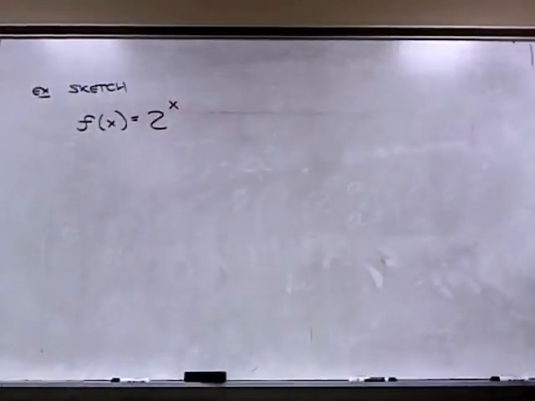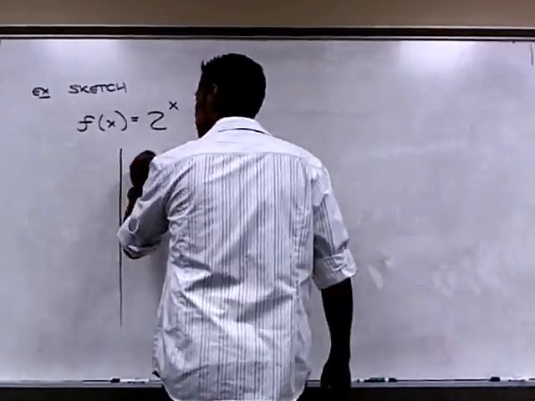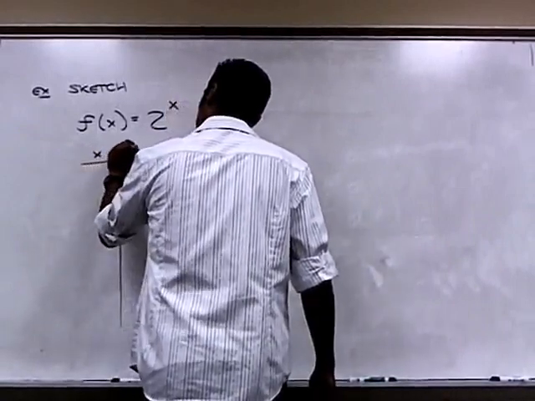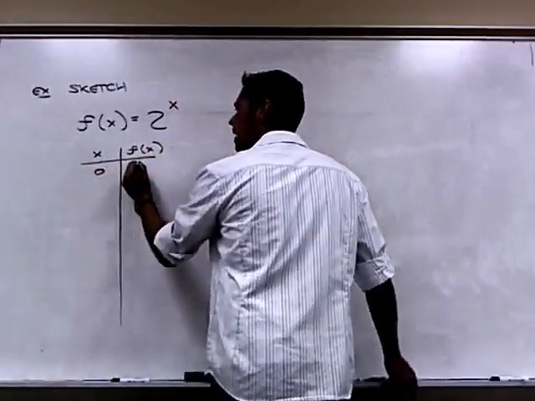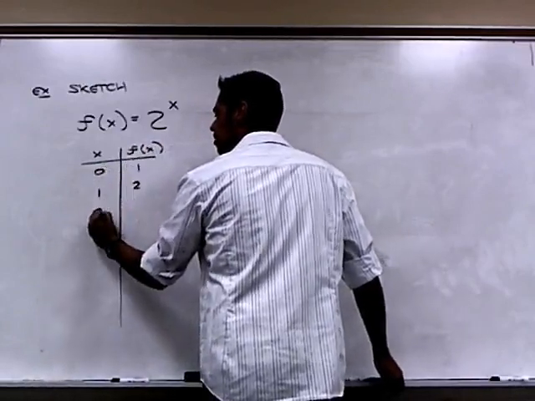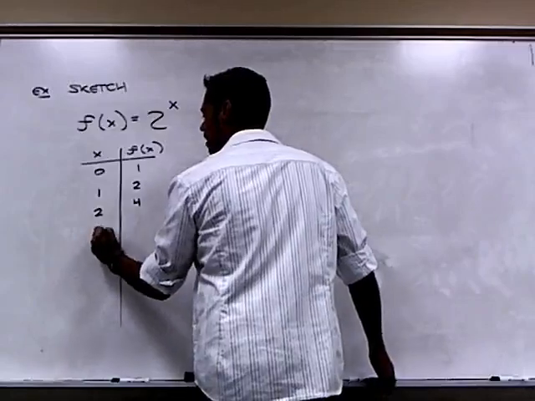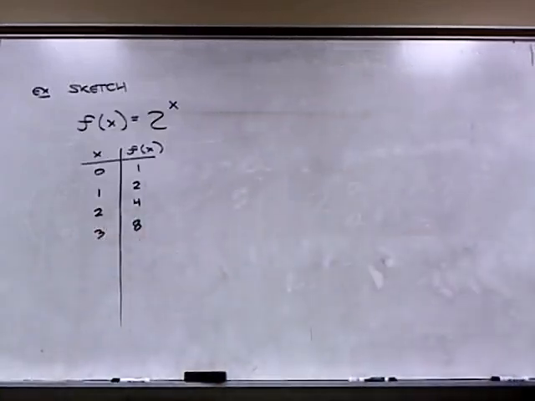Now we had made a table, hadn't we? We had started this table. We had plugged in 0 and it had spit out 1. We had plugged in 1, it had spit out 2. We had plugged in 2, it had spit out 4. We had plugged in 3, it spit out 8, right? And then we kept going, but that's good enough for now. Let's just plot those and see what we get.